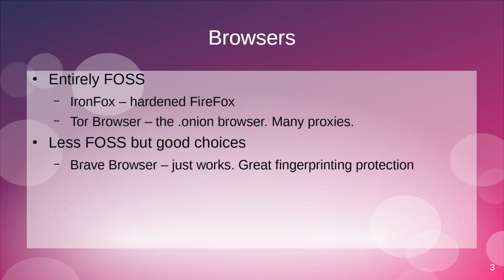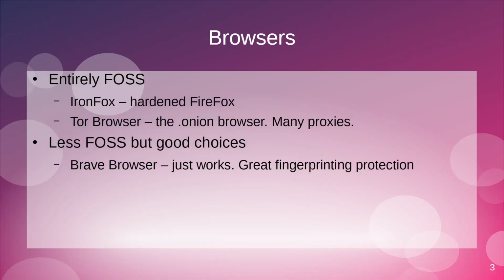Iron Fox in particular is sort of a fork of Mull, which was a hardened version of Firefox. So these are both hardened versions of Firefox. But the Mull project has essentially died out, and Iron Fox is the way to go now. And you can get it from GitLab, and you can even use Obtainium to install Iron Fox.